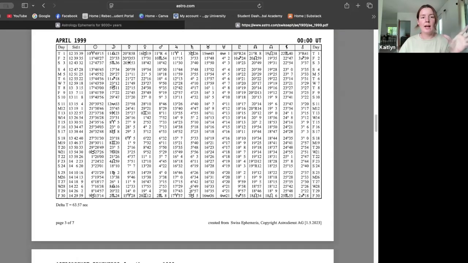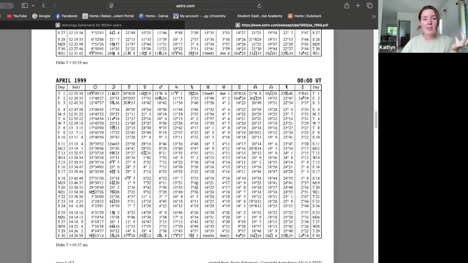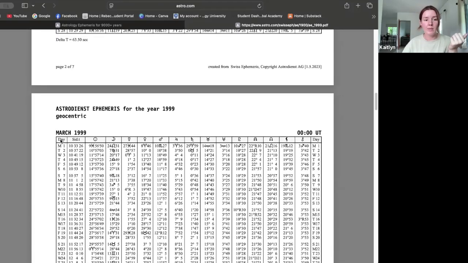And you may find too, as you're looking at this, that the things that come up are from when Saturn is in the next fixed sign. So I might even look back to March of 1999, because that is when Saturn went into Taurus, and I might have felt that.